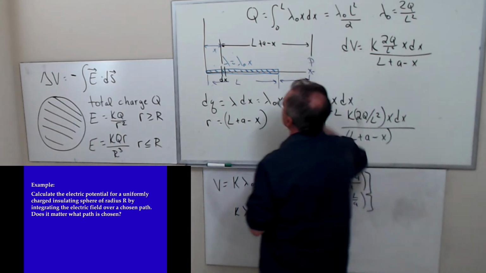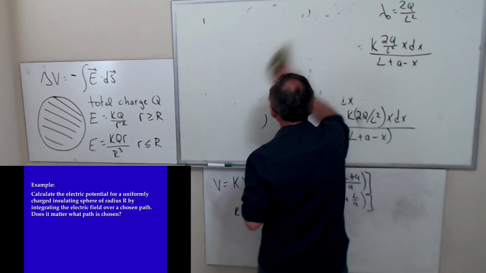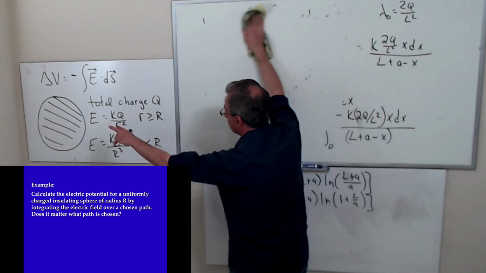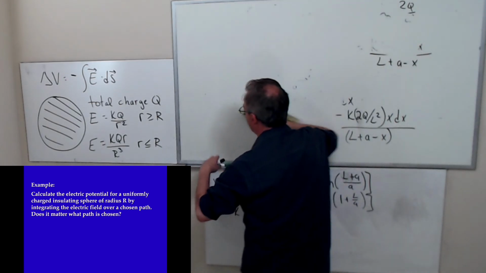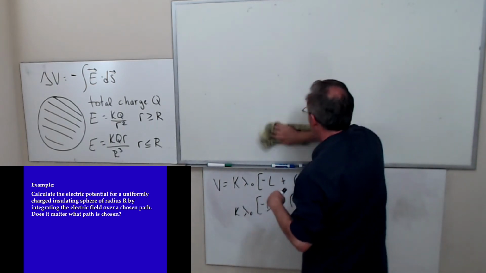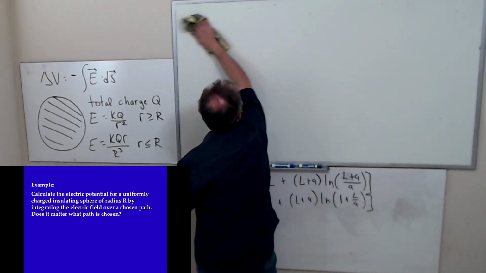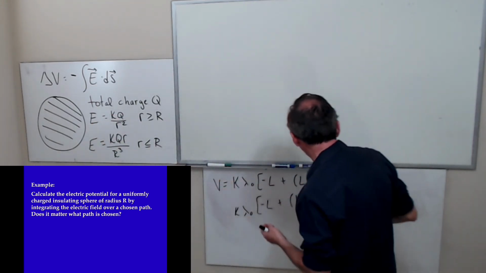Okay, so I want to find V everywhere. Notice my electric field has two different expressions to describe it, one for inside and one for outside. So this is what you would call a boundary value problem.